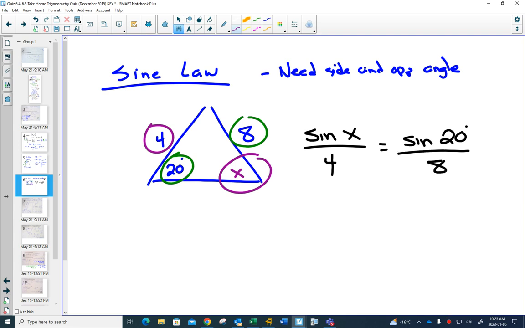That one goes with the 8. And if we type that into our calculator, 4 sine of 20 divided by 8, we get 0.171.